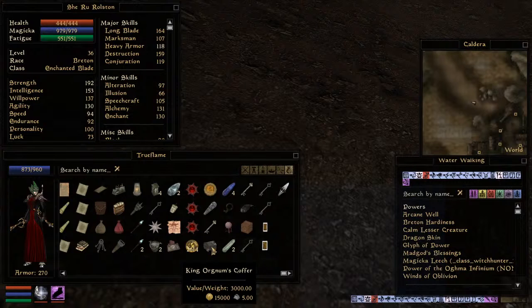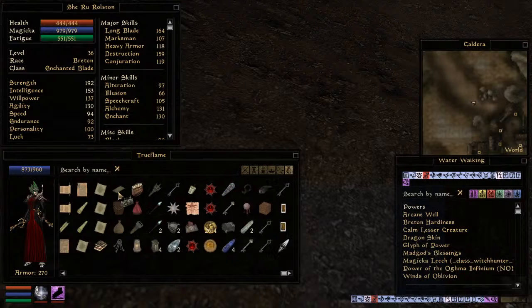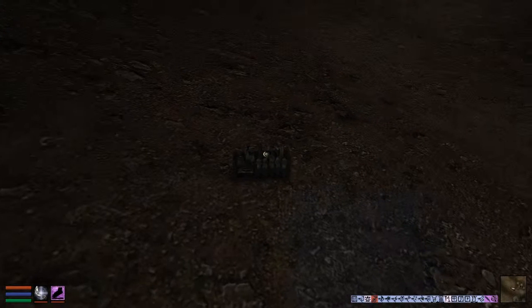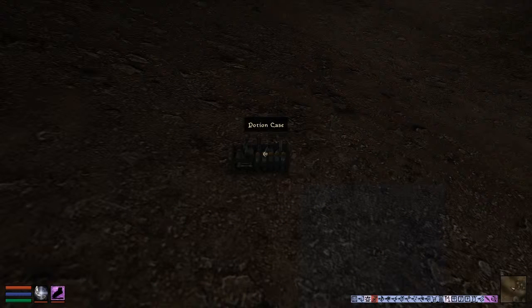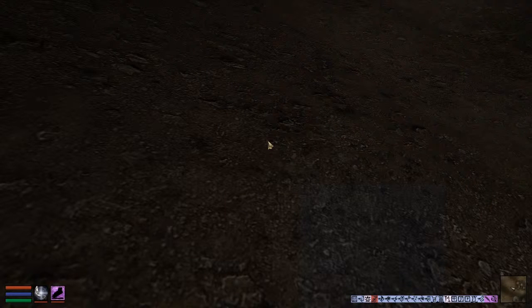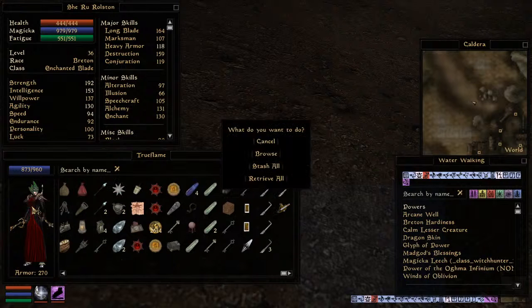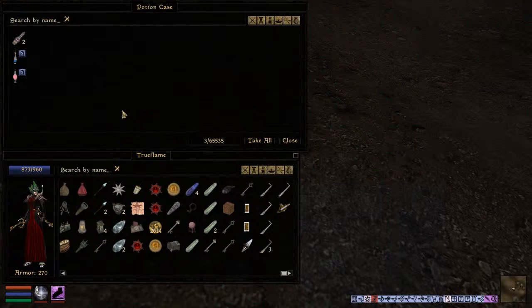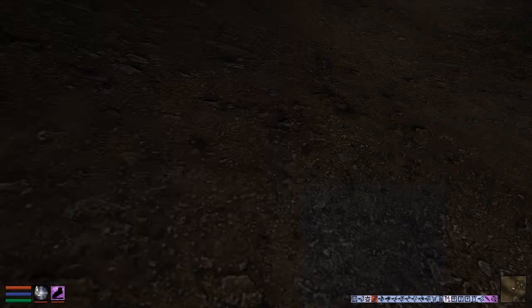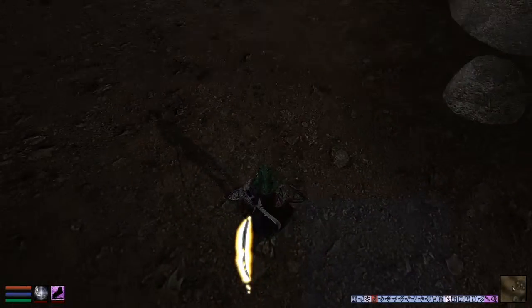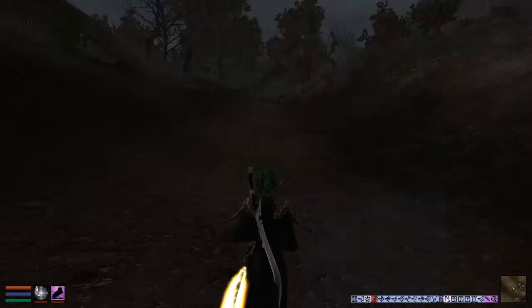Oh, this is the King Ognum coffer we just got in our last mod testing, and I could check this potion case. No vintage brandy, so I think I have some in one of my houses.